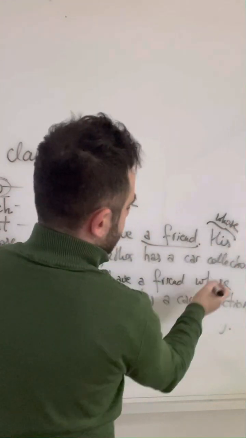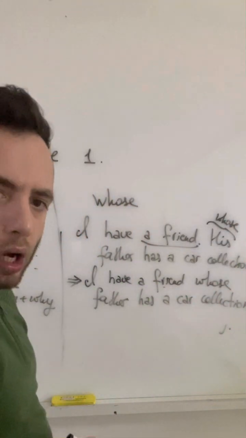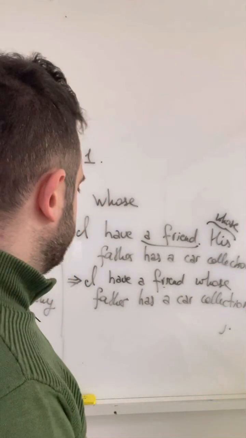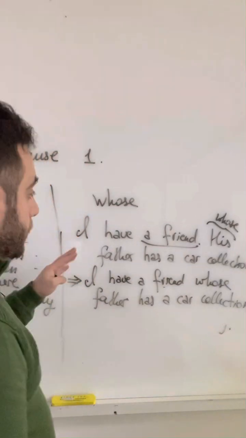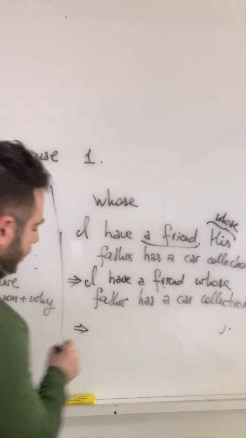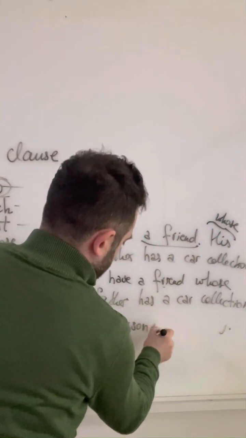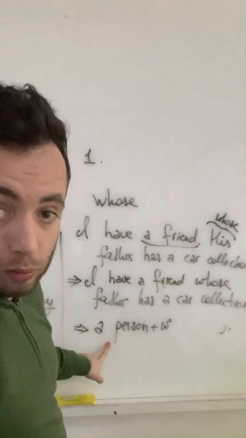So instead of just his, I wrote the whose and I combined them so easily. And if it's a person here, we can write the structure: person whose, or it can also be people.